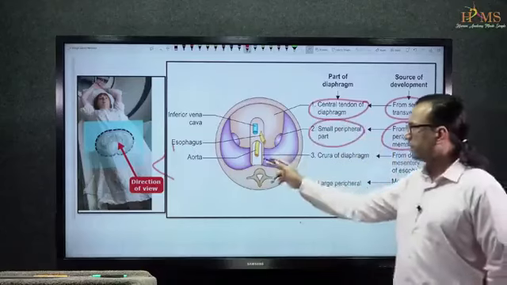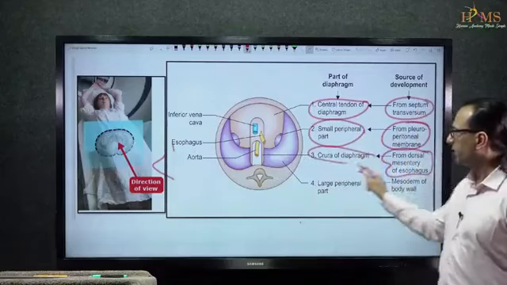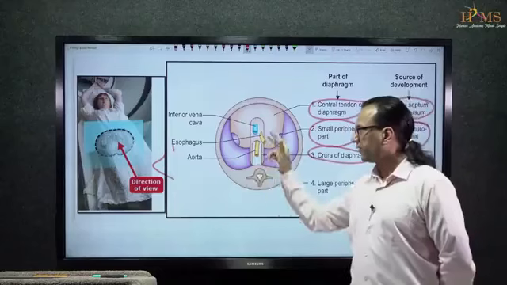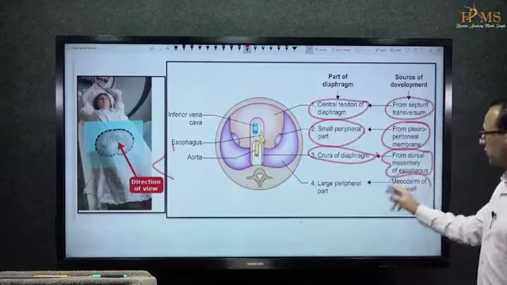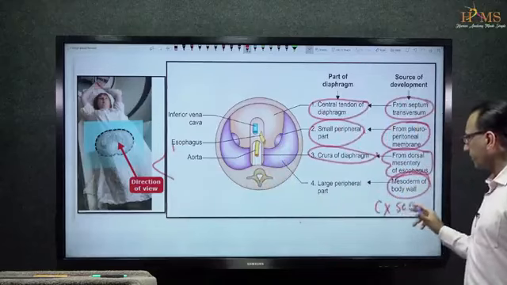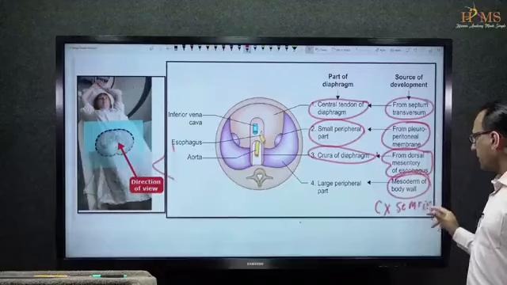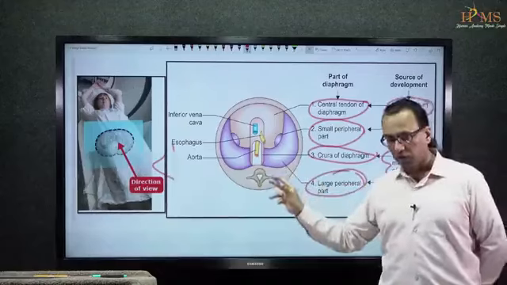Then you also have the dorsal mesentery of the esophagus, which will form the crura of the diaphragm, right crus and left crus, attaching to the lumbar vertebrae posteriorly. Then there is the mesoderm of the body wall, actually the cervical somites coming from the neck region, contributing towards the large peripheral muscular portion.